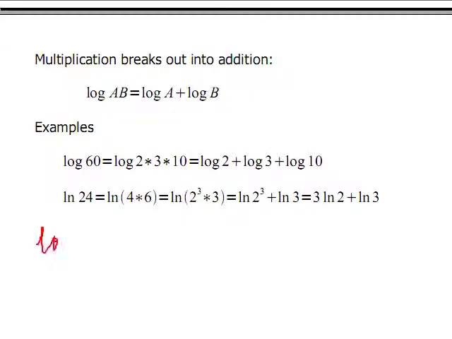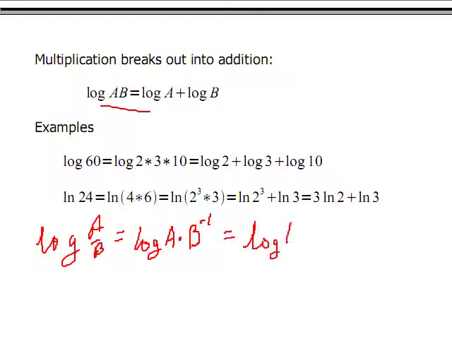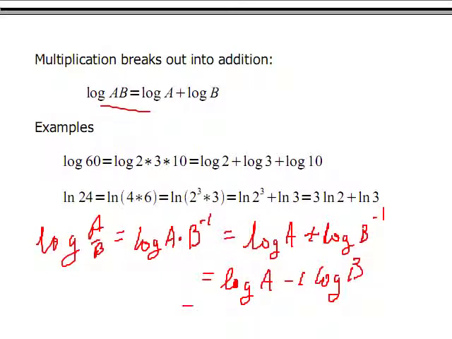So if I have the log of a over b, that's the same as log of a times b to the minus 1, correct? Now, by the multiplication rule, you can write this as the log of a, fine, plus the log of b to the minus 1. Now, using the exponent rule, the exponent comes out in front, so the minus 1 coming in front is minus 1 times the log of b, and that's your subtraction rule, log a minus the log of b.